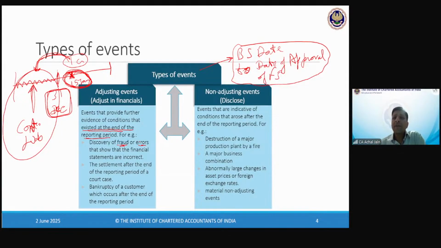So they will also become adjusting events, right? Settlement after the end of the reporting period of a court case, the one that we just discussed. Bankruptcy of a customer, which occurs after the balance sheet date.